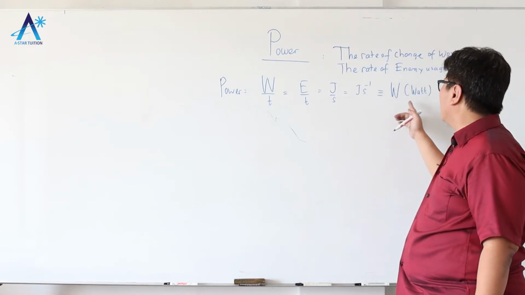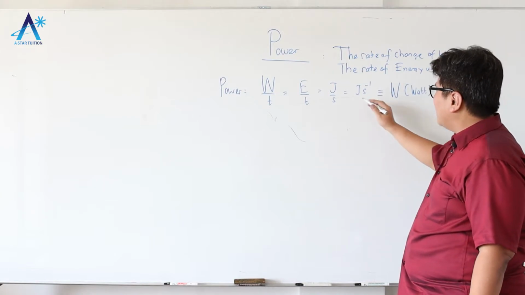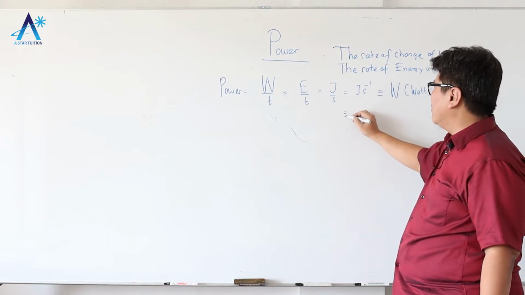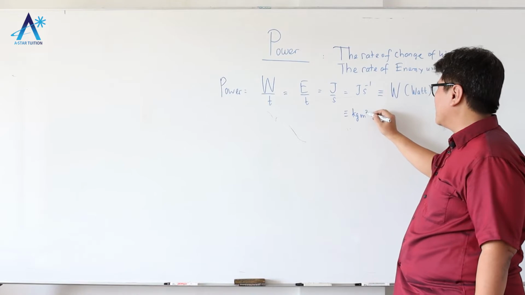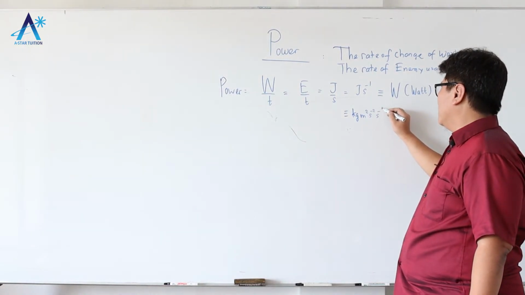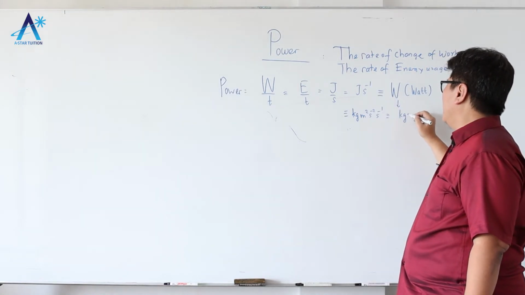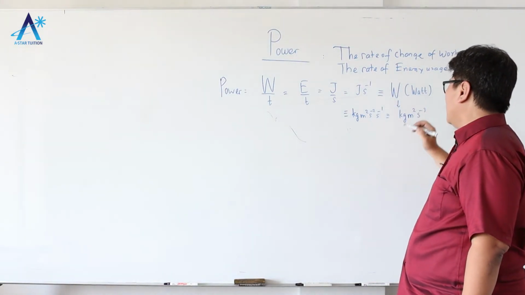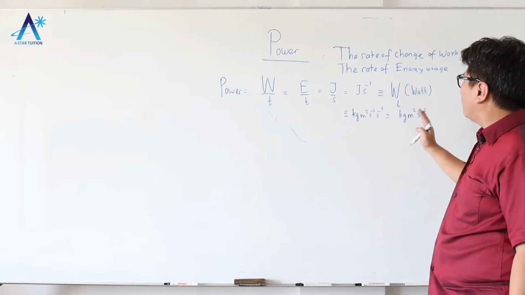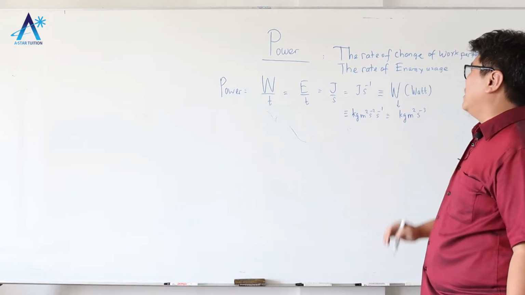But remember, don't forget that joule itself is kilogram meter squared second to the power of minus 2. So then watt is actually equivalent to kilogram meter squared second to the power of minus 3. So this is the unit for power.